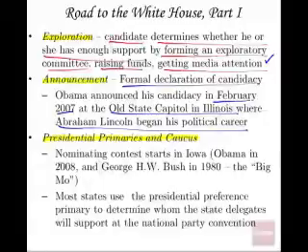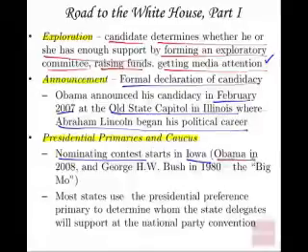Okay, so again, once you make the announcement, you go through these nominating contests that start in Iowa. And that's a big state for both parties. Obama in 2008, he won in a very close race between him, John Edwards, and Hillary Clinton, but that gave him a lot of credibility.